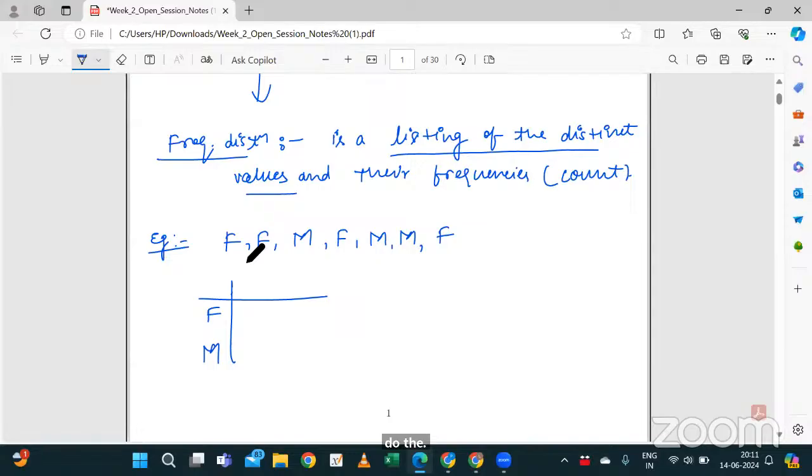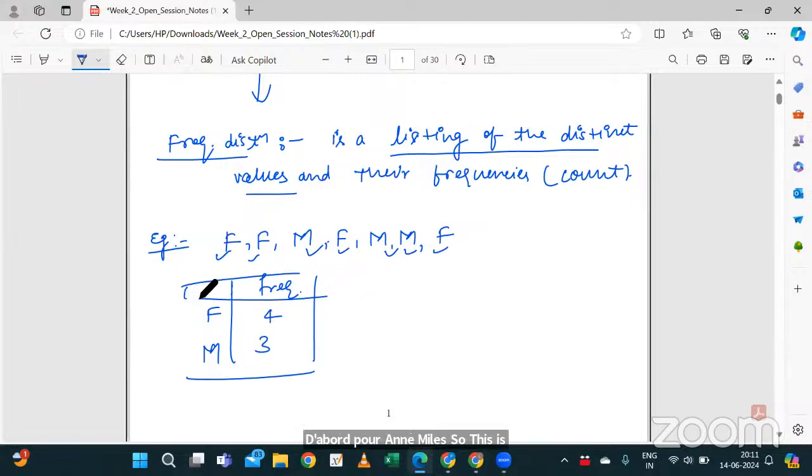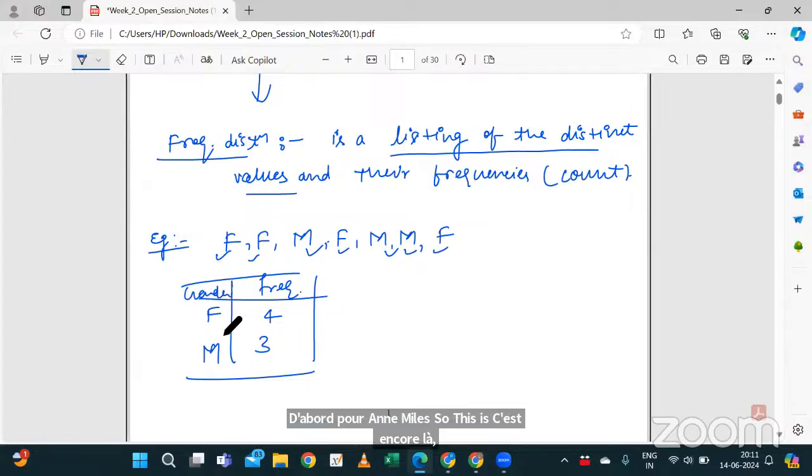And the frequency is their count. Female occurs 4 times and male 3 times. This is called the frequency distribution. Here you can mention gender.